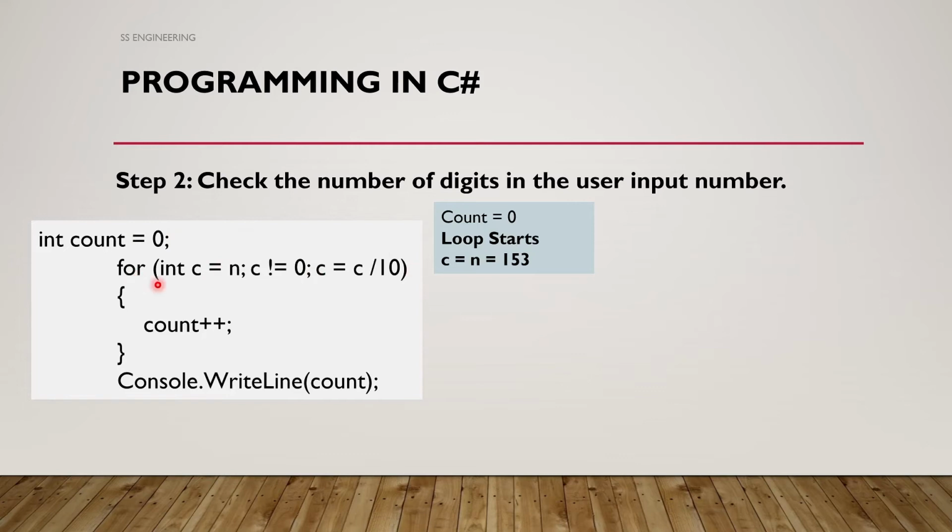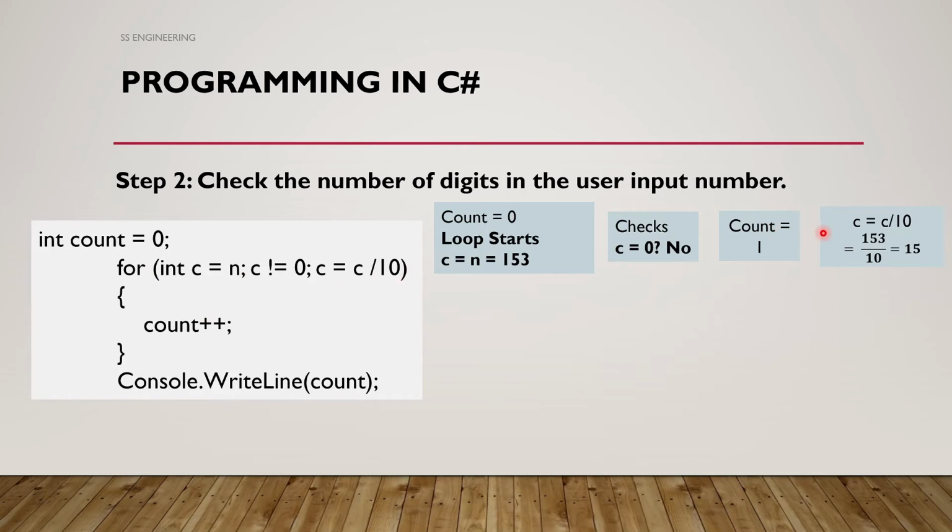At the start of the loop, our variable c would be equal to n, which is 153, what the user input at first, and then it goes into the second step, checks if c is equal to 0 or not. No, it's 153, so it goes into the loop, count plus plus, which adds 1 to the count, so 0 plus 1 would be 1.